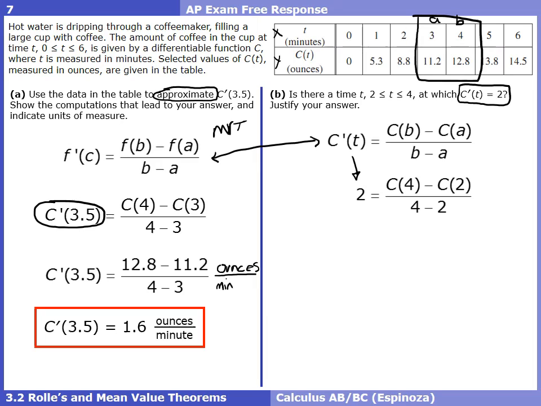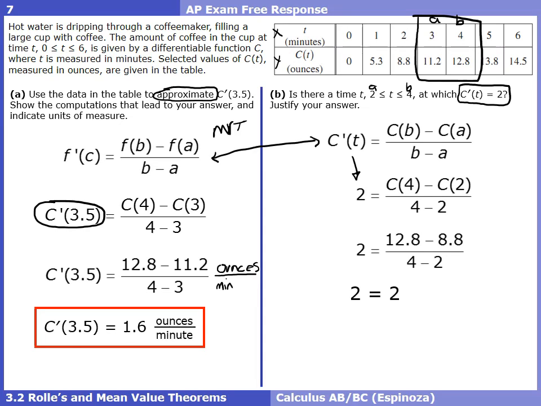So we're going to take c of 4 minus c of 2 and divide that by 4 minus 2. This is our a in this part of the problem. This is our b. Okay, so let's see. C of 4 is 12.8, C of 2 is 8.8. And when we take 12.8 minus 8.8 and divide that by 2, we get 2.